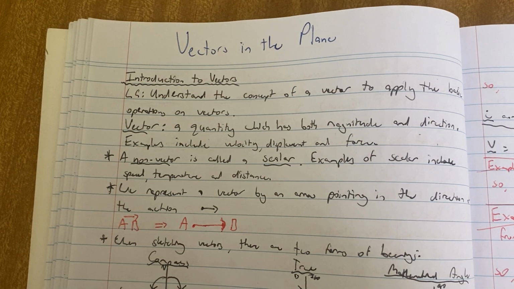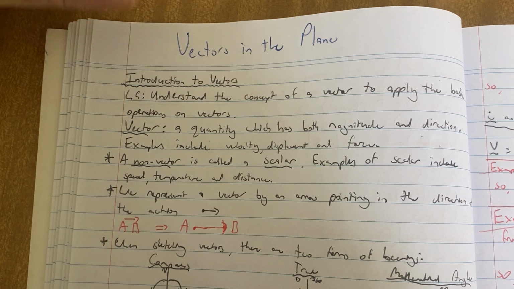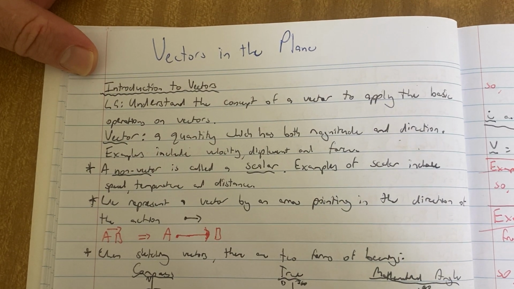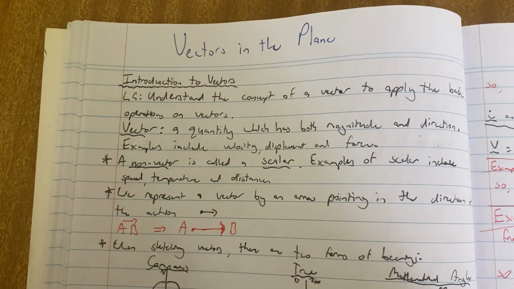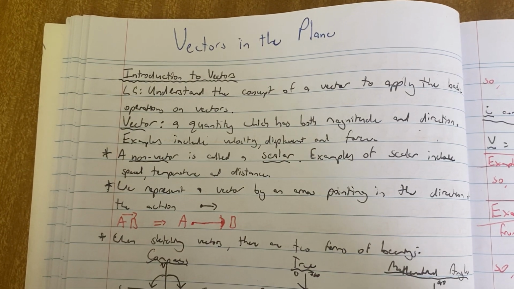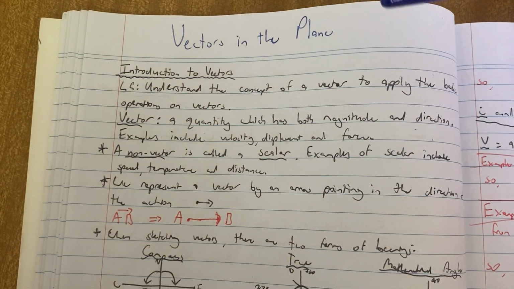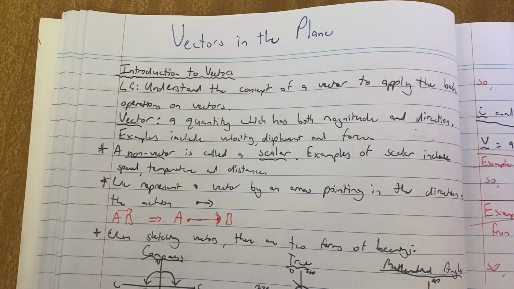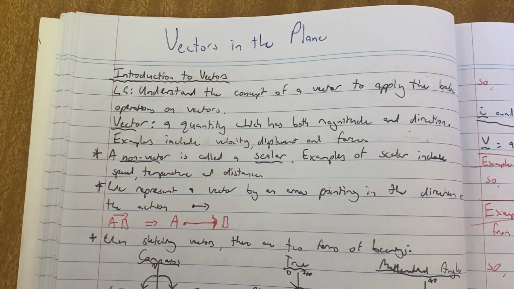So for today's lesson, what we're going to try and do is effectively understand the concept of a vector and recognize how to apply the basic operations on vectors. Now, in year 7 onwards, and I know this because I taught this in year 7 forces or physics, a vector is a quantity which represents both magnitude and direction.